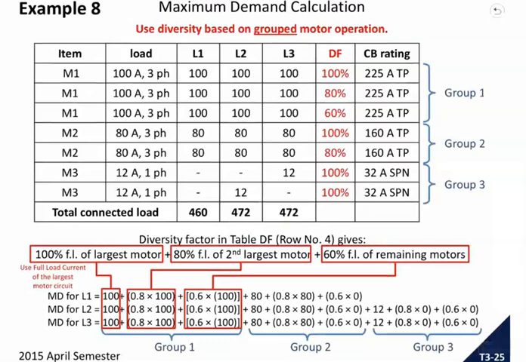In this case, we notice that out of the three phases, two of them are at 472 as compared to 460. So it will be good if we use either one of them. We will use L2.